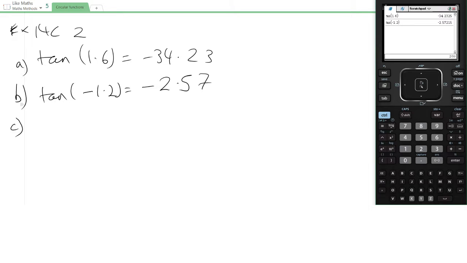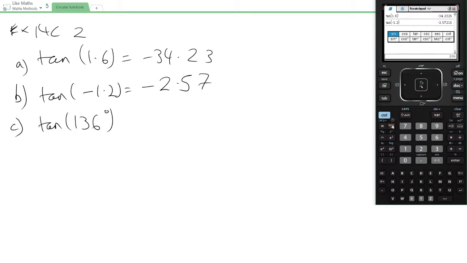C, tan of 136. Now they're being a bit tricky here because they've now decided to start using degrees. Now if your calculator is already in radians, you can switch the default, but the little trick I showed earlier is you can actually use the degree symbol.